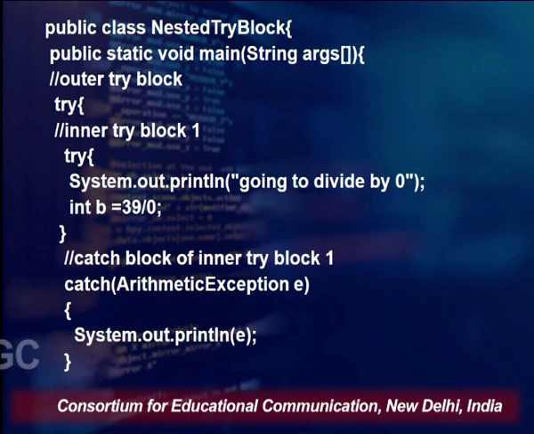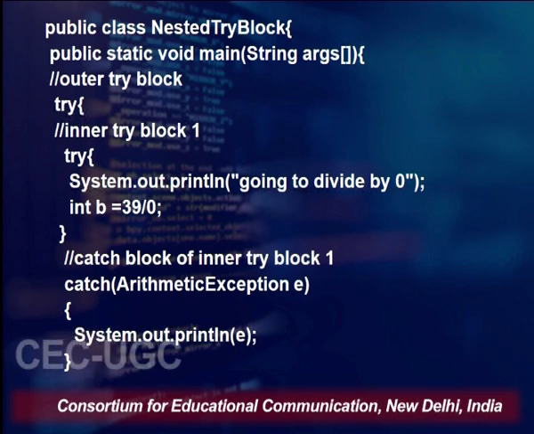This is going to throw a divide by 0 exception. Before throwing that exception, the statement going to divide by 0 will be printed. Then an exception will be thrown, which is going to be caught by this ArithmeticException E, the corresponding catch.